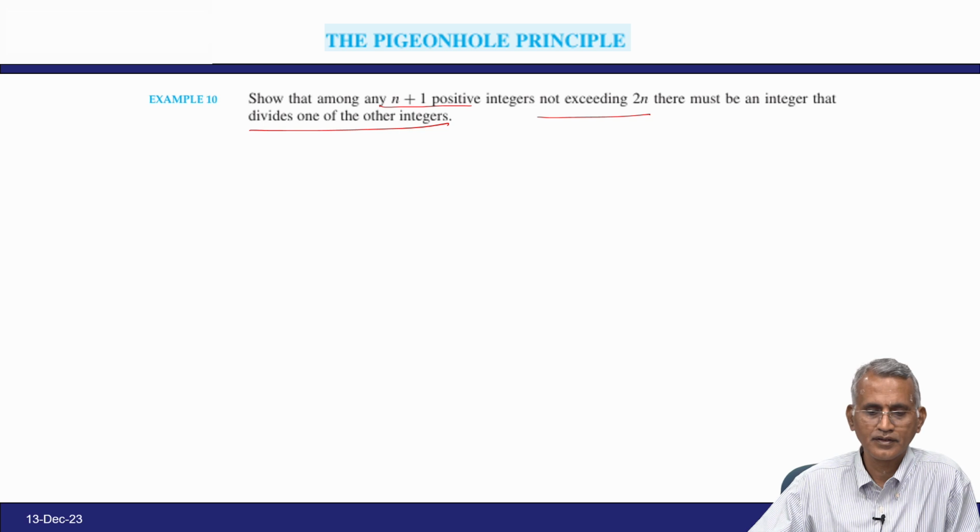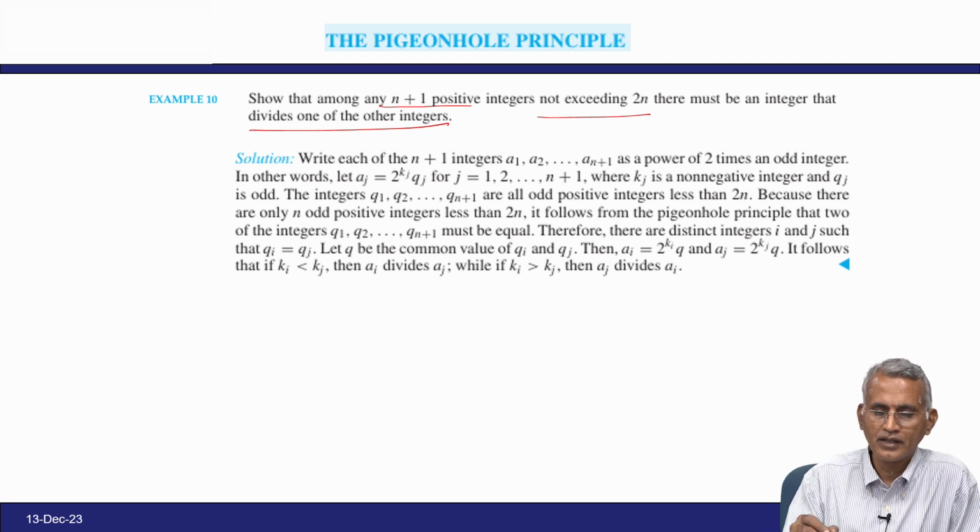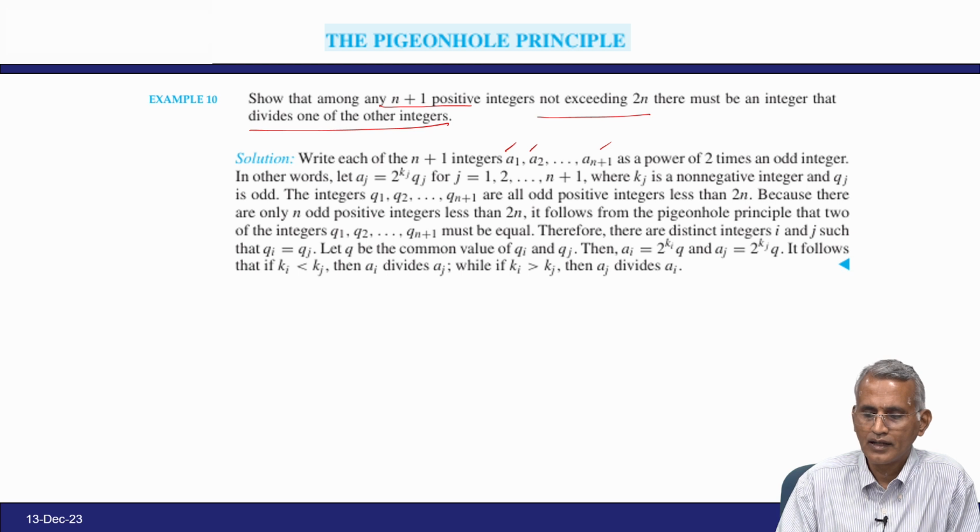We have n plus 1 integers, let it be the sequence a1, a2 and so on up to an plus 1, each written as a power of 2 times an odd integer. Therefore, we can write aj as 2 power kj into qj, where j varies from 1 to n plus 1.